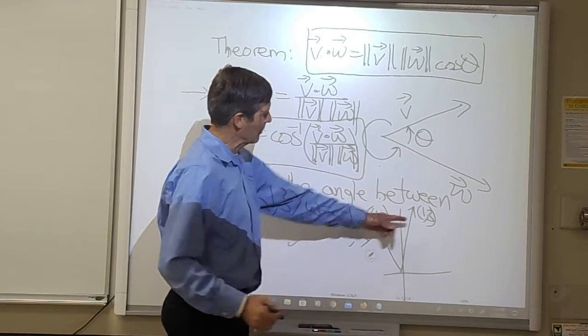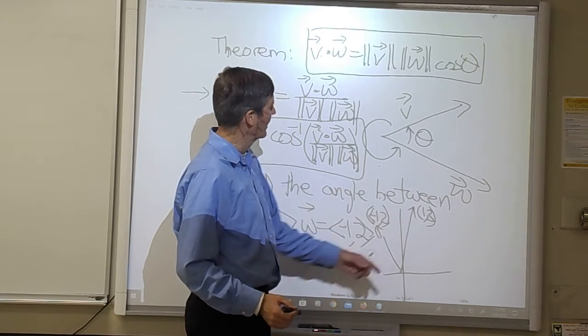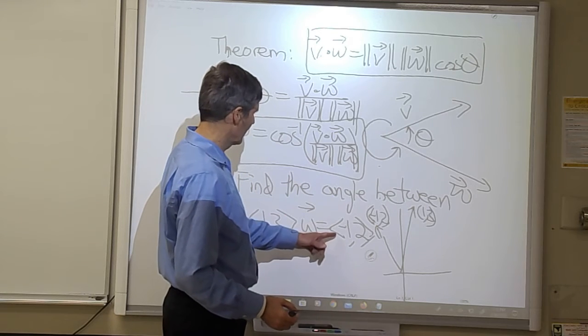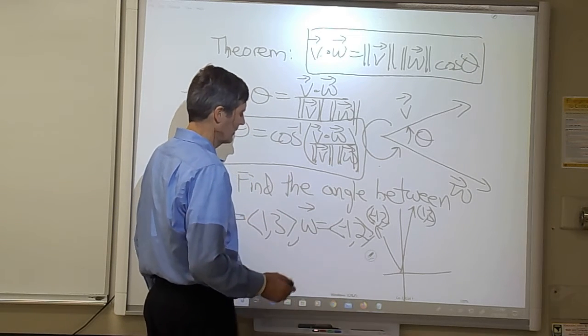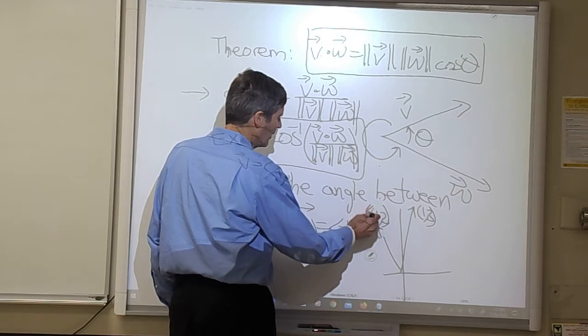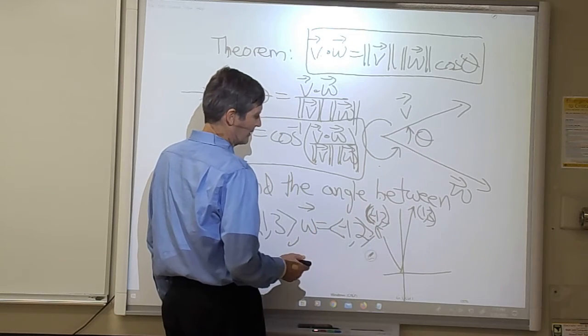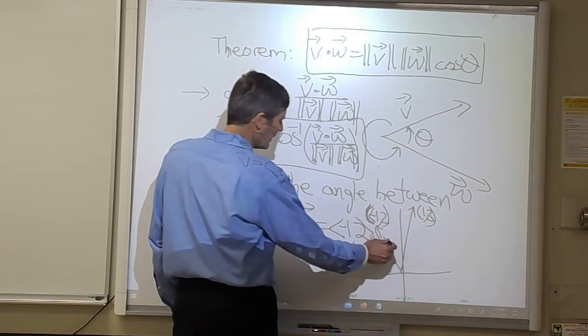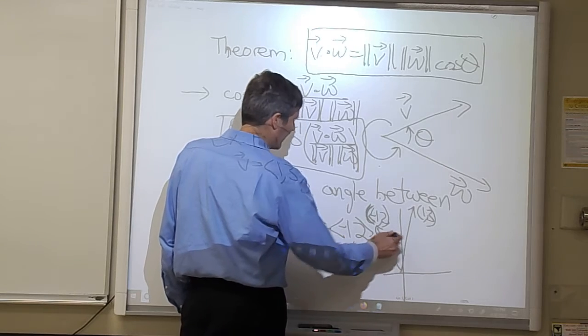Notice I'm using round braces for coordinates of points and angle braces for vector components. That's how you can tell that I'm looking at a point or a vector. Now what is the angle between these two vectors?